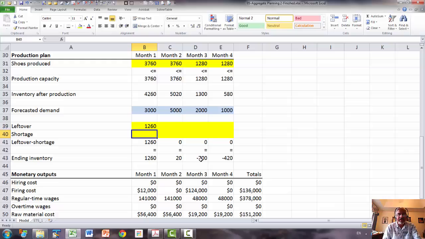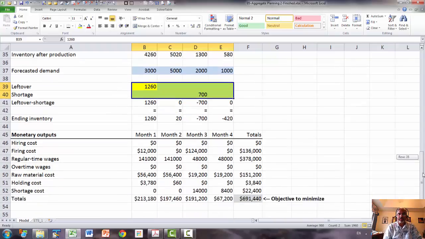If there is a shortage, then the shortage will be placed here and that will be minus 700, equal to minus 700. So the negative and the positive will be converted into both being positive with this changing cell in Excel Solver.